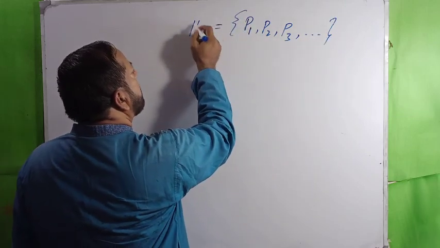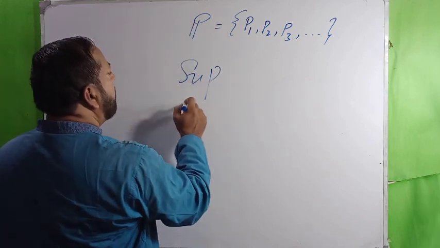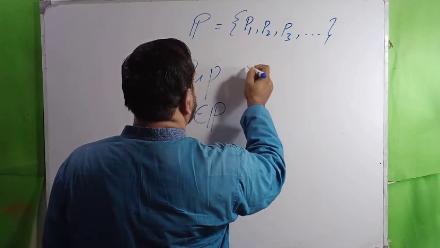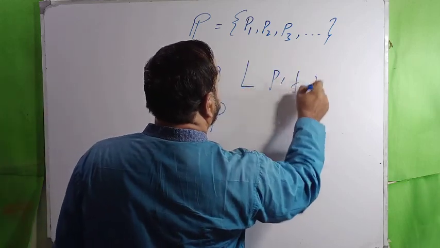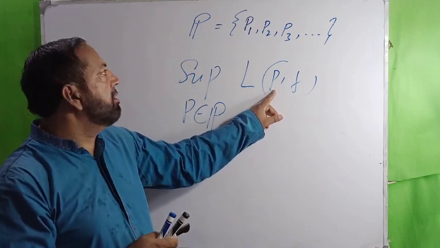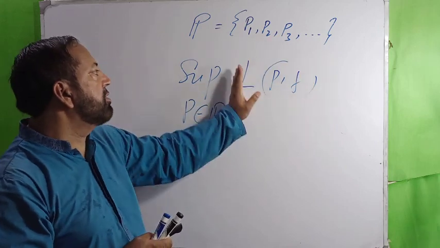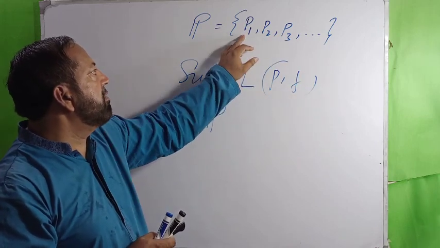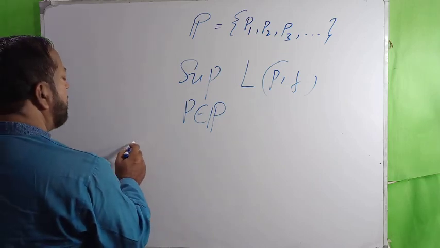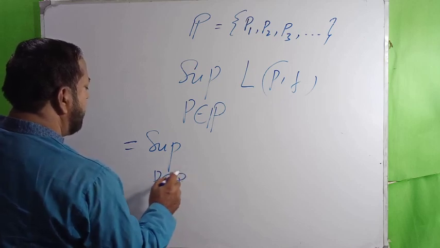This is in fact the script P. So when you are taking the sup over P belonging to script P of L(P,f), it means that you are varying this partition P. You have a set of lower sums corresponding to P1, P2, and so on.